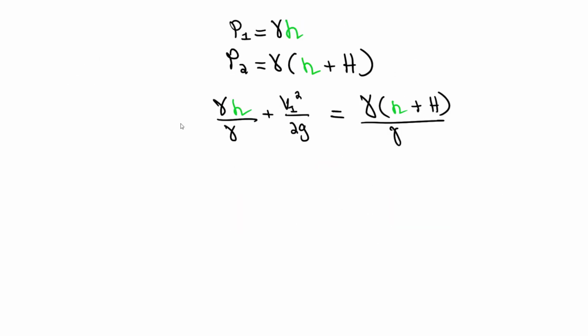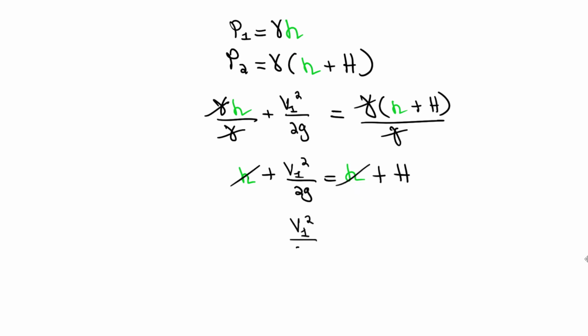So now we can cancel out the gammas. So these go away, and let me just reduce this further. So we have h, you still keep that h, plus v1 squared divided by 2g equals this h plus uppercase h, right? So we know here h is on both sides, these cancel. Then we can reduce this further, so it's v1 squared divided by 2g equals uppercase h.